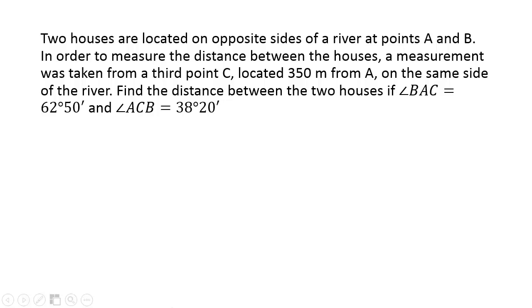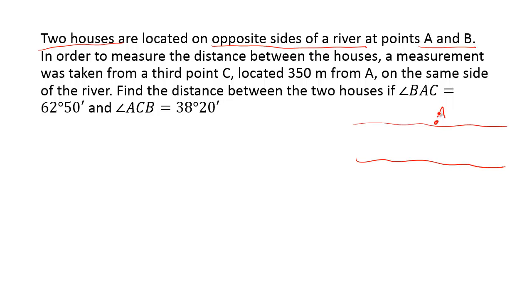So let's apply this. Say you have two houses. They're located on opposite sides of a river at points A and B. So let's sketch that out. You have a river, and they're on different sides.